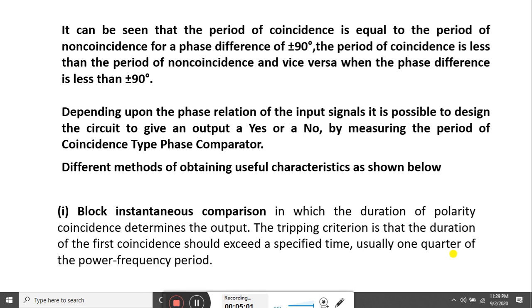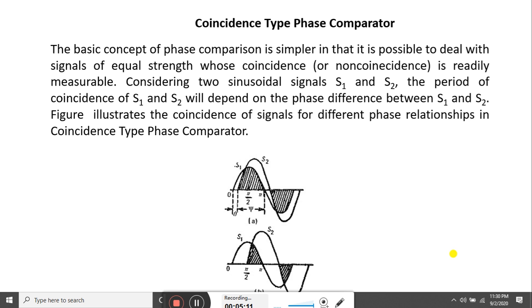The period of coincidence is less than the period of non-coincidence, and vice versa, when the phase difference is less than plus minus 90 degrees.